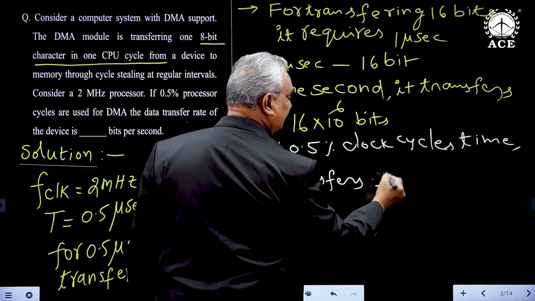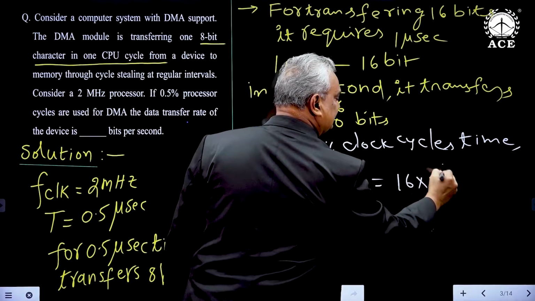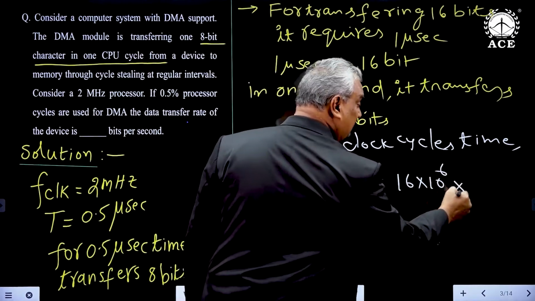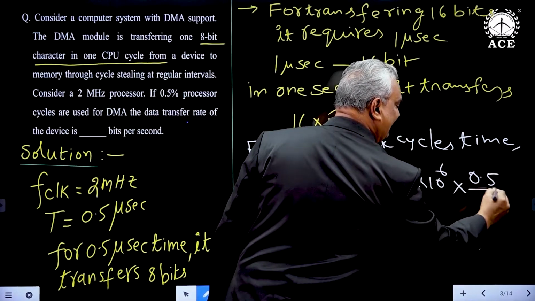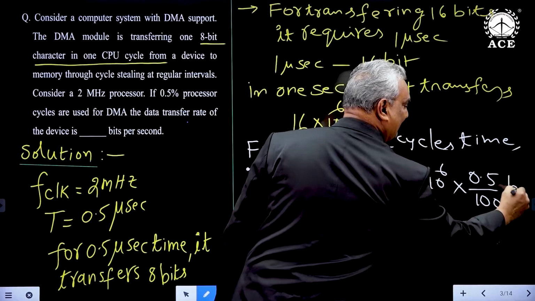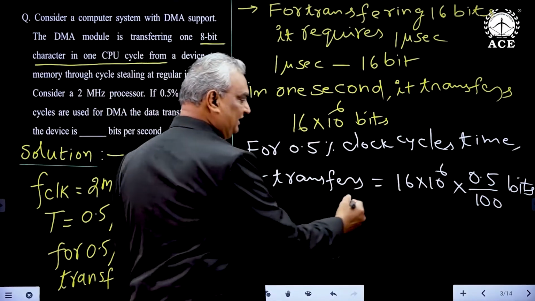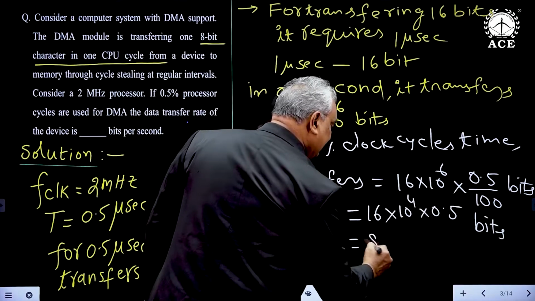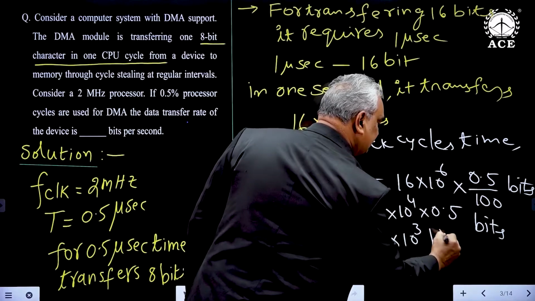Look here, 16 into 10 power 6 into 0.5%, percent means per 100, number of bits. That is equal to 80 into 10 power 3 bits.